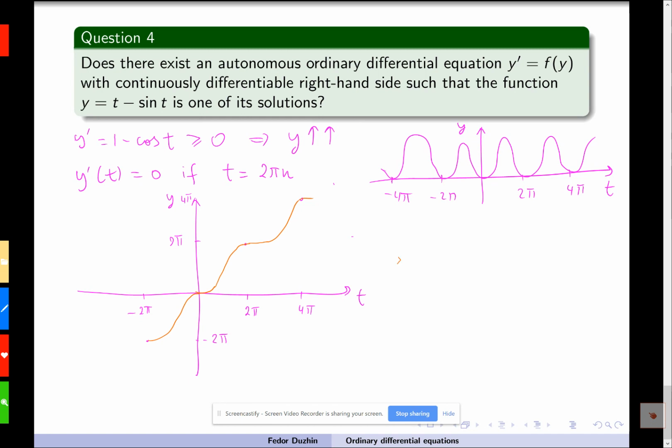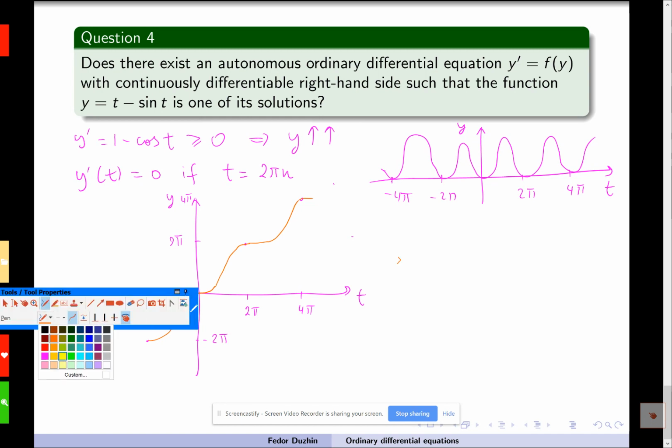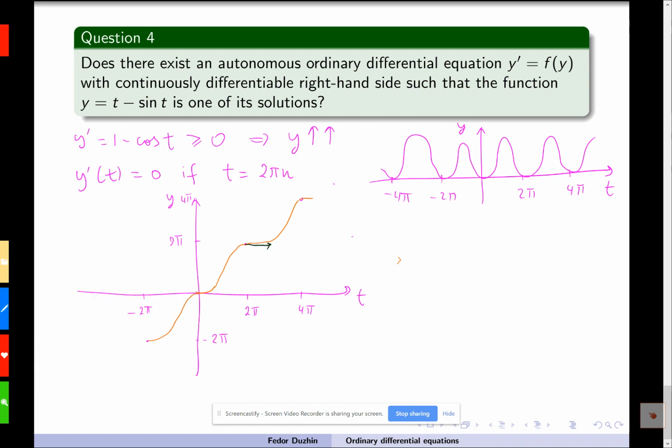If we find the derivative of our function at 2 pi, or at 4 pi, or at 0, or at negative 2 pi, they're all going to be 0. Which means that the slope of the vector field is going to be 0, so the vector is going to point exactly to the right. It is a horizontal vector.